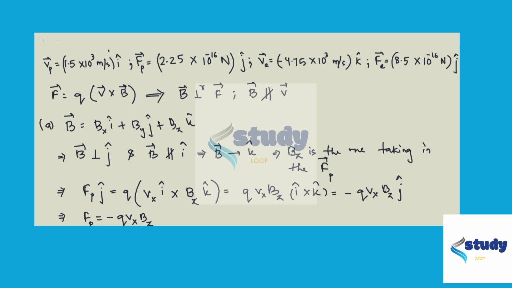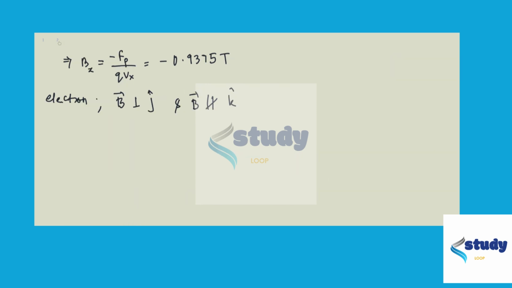Let's not take the negative sign into account here because it doesn't affect much; we are anyway going to include it while calculating the magnetic field. There can only be two options, i cap and k cap, but it cannot be parallel to k cap. That means B is along i cap.